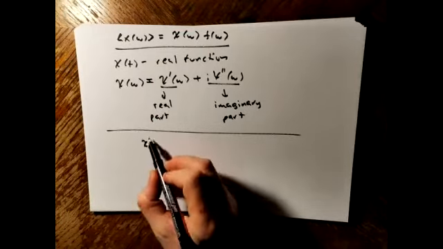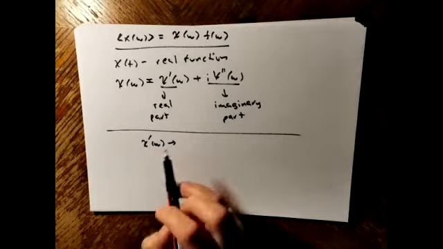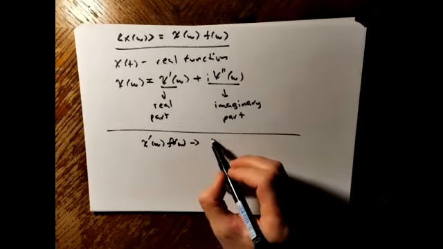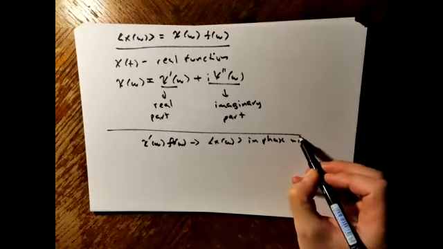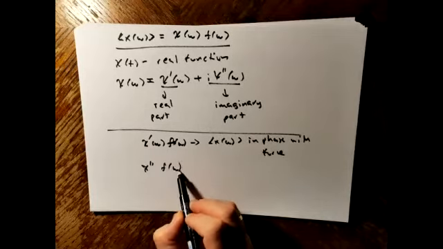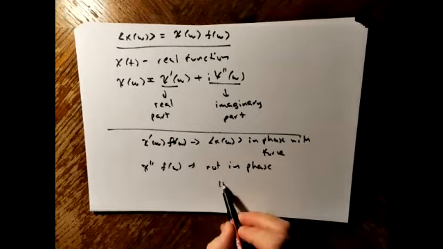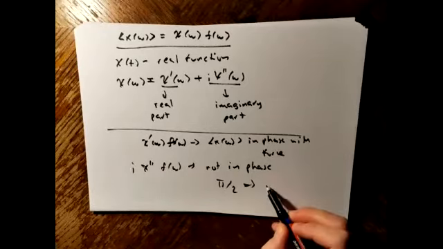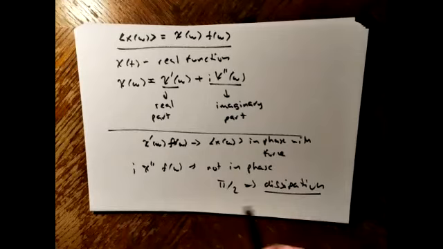So chi prime of omega times f of omega, this component of the displacement, x of omega is going to be in phase with the force. But you're going to also have another part that is not in phase with the force. There's a difference in phase of pi over 2 via the fact that this has an i in front of it. And this term we call the dissipative term. So this is how the dissipation occurs.